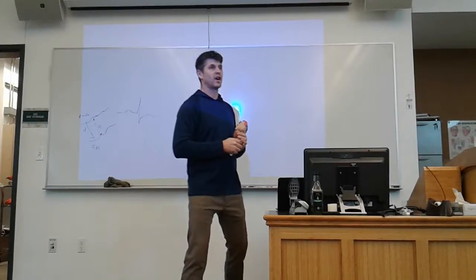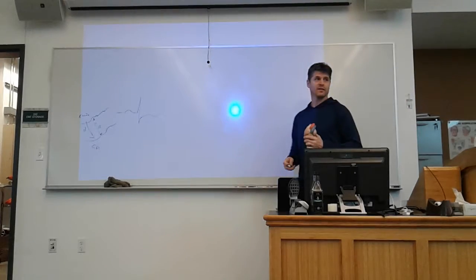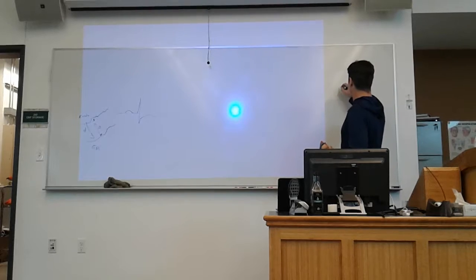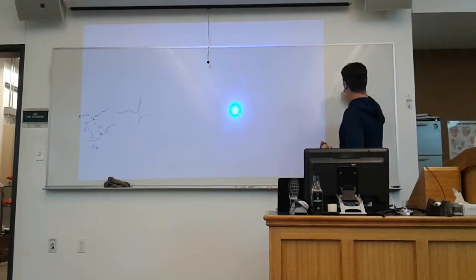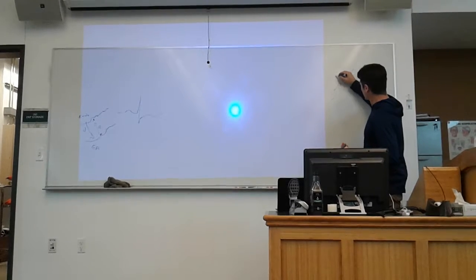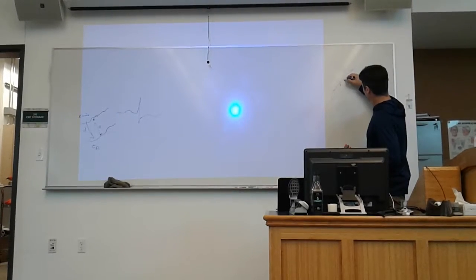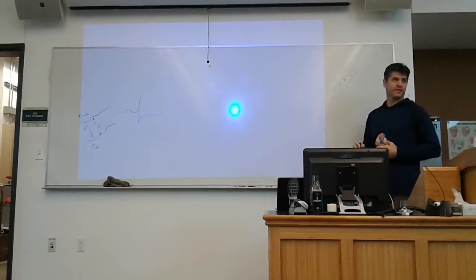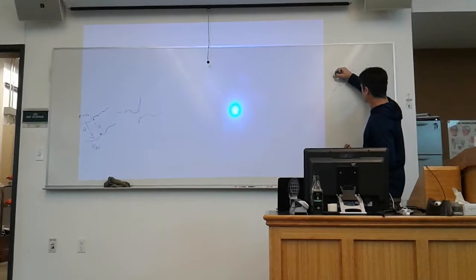Okay, so I'm going to draw, and you tell me if I'm drawing what you're saying. What he's saying is that there is an artery, and then there are branching arteries off of that artery, and then there are branching arteries off of those arteries.